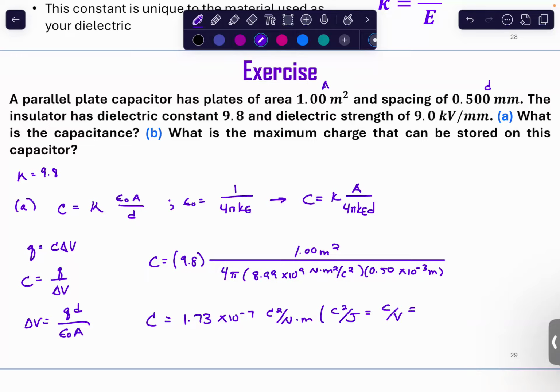What are we working towards? Yeah, what's the unit we're working towards? Coulomb per volt. Do you know what it is?